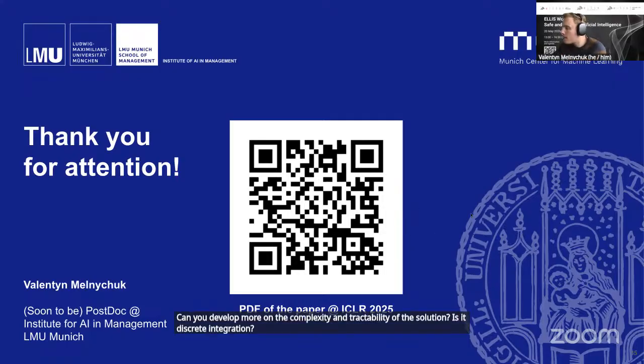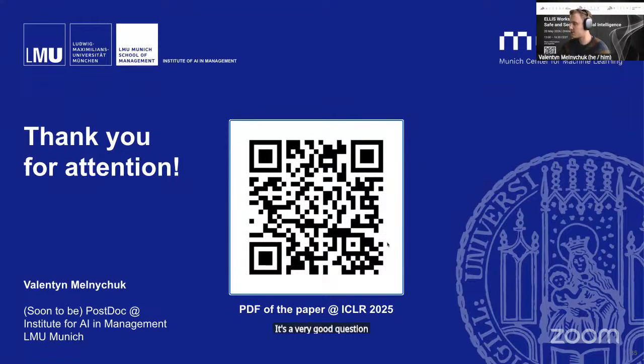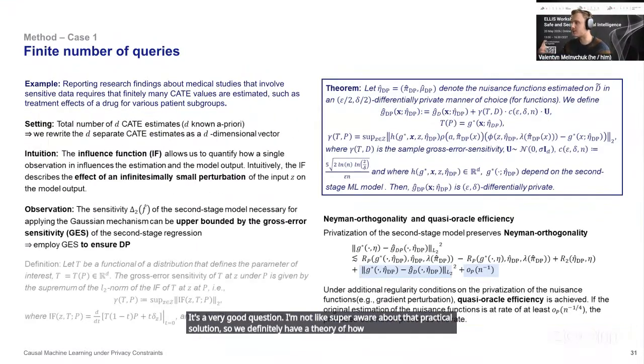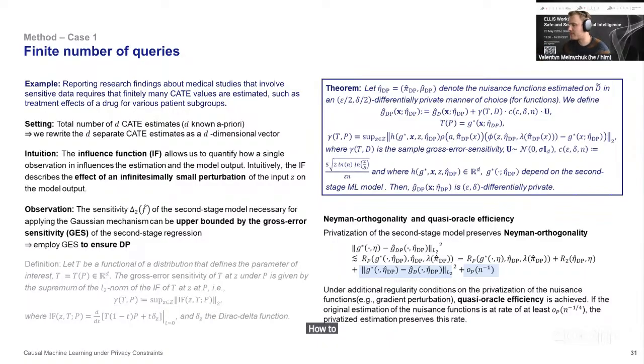That's a very good question. I'm not super aware of the practical solutions. We definitely have a theory of how to get the differentially private meta-learners.